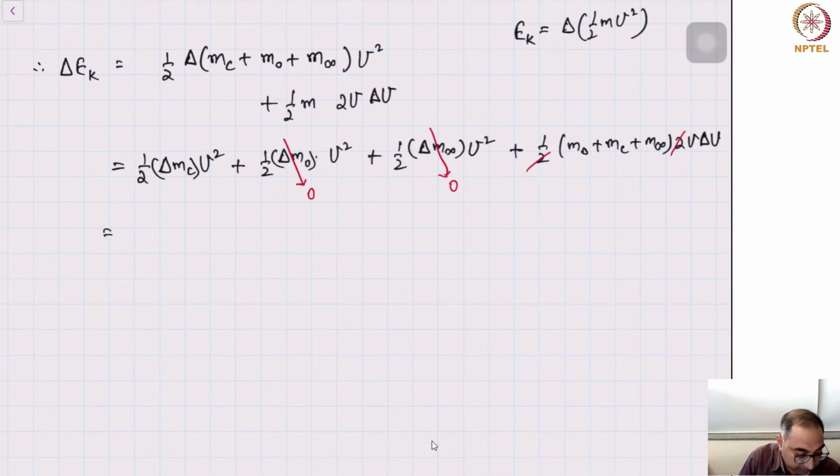The first term, the change in the mass in the column, would be because of the change in z.